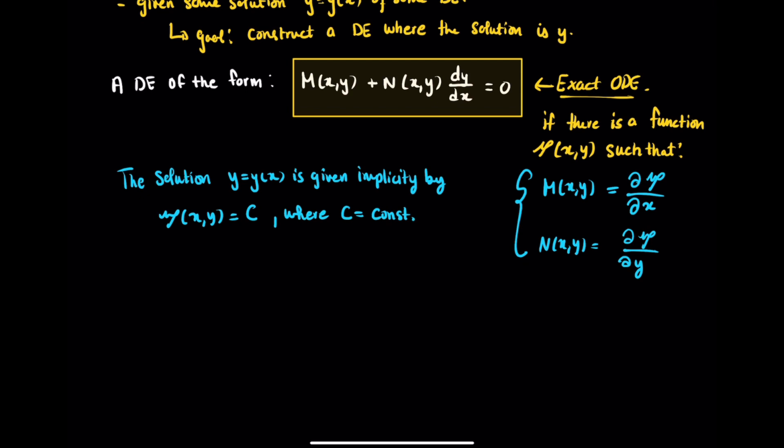Okay? And so also note that an exact ODE can also be written in the form of M(x,y) dx plus N(x,y) dy equals 0.